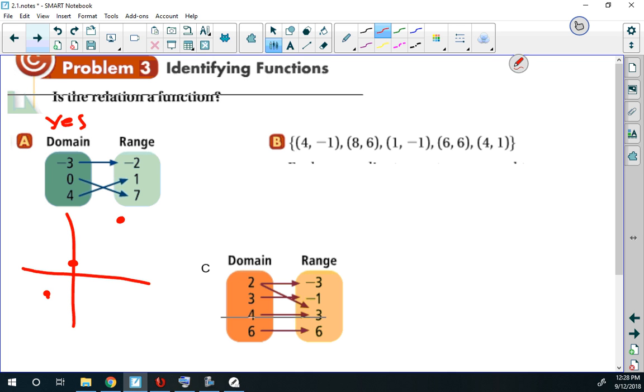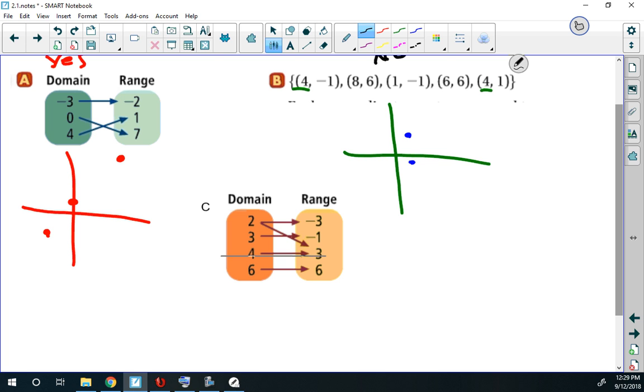Number B, is it a function? How do we know? Because this 4 and this 4, right? So when we graph that, we would have (4, 1) and (4, -1), right? Okay. So that one's no. Number C. What do we think about number C?